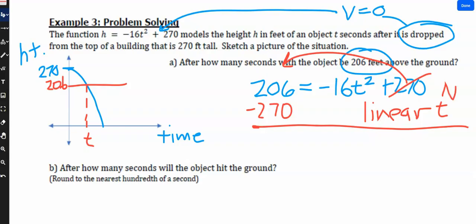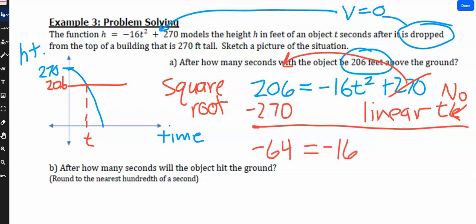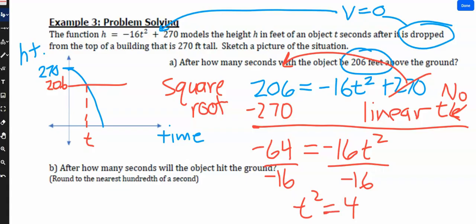So, since there is no linear t, we can go ahead and do the method called square rooting. We're going to take the square root eventually. Alright, so that's going to give me negative 64 equals negative 16t squared. Of course, I'm going to divide out the negative 16. Give myself t squared equals positive 4. And now I take a square root, right?